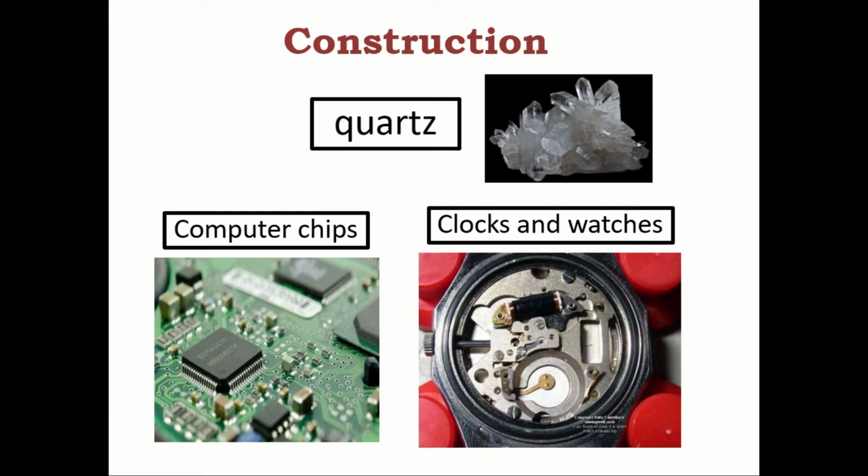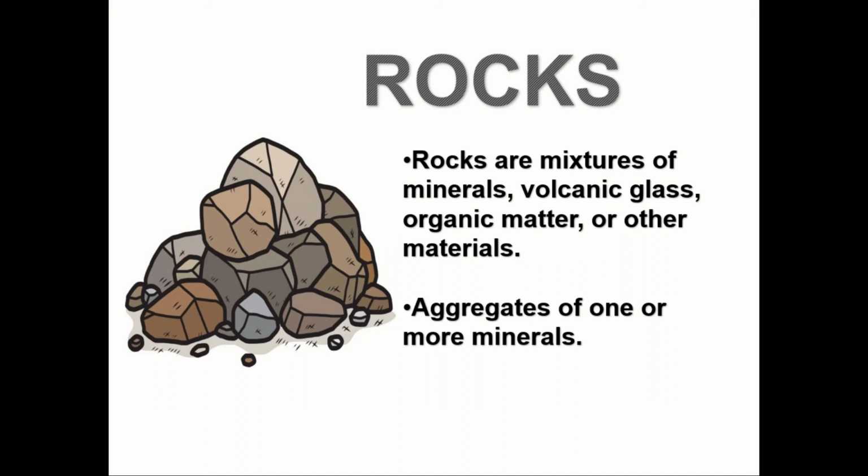So, next, let's move on to our rocks. Rocks are a mixture of minerals, volcanic glass, organic matter, or other materials. Aggregates of one or more minerals. Pinagsama-sama ito, na different types of minerals, volcanic glass, organic matter, and other materials na natatagpuan sa Earth's crust, na bumubuo sa ating rocks.